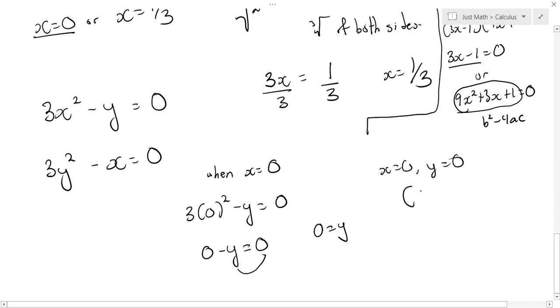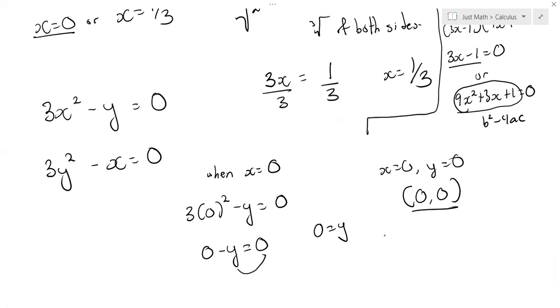So you have something like this. This is your first critical point, 0, 0.